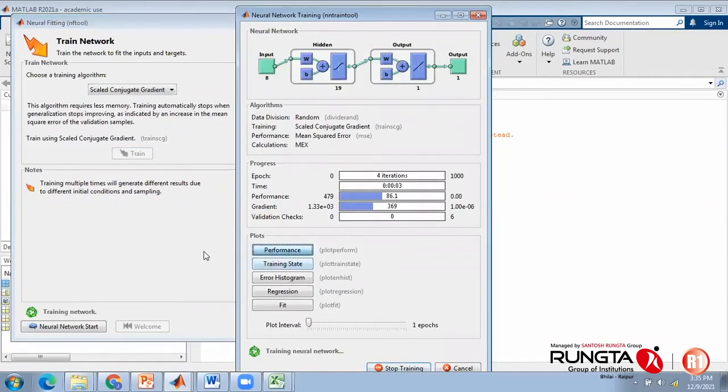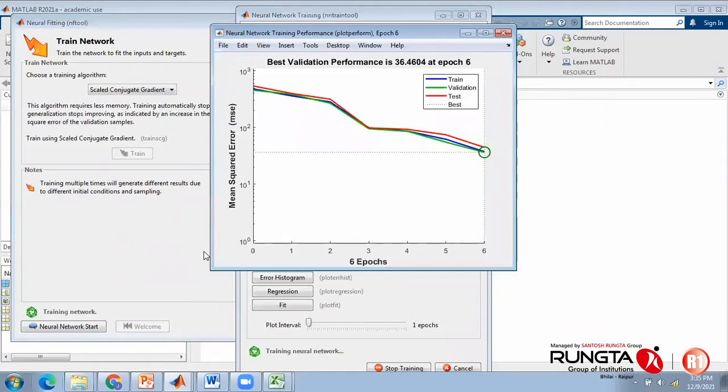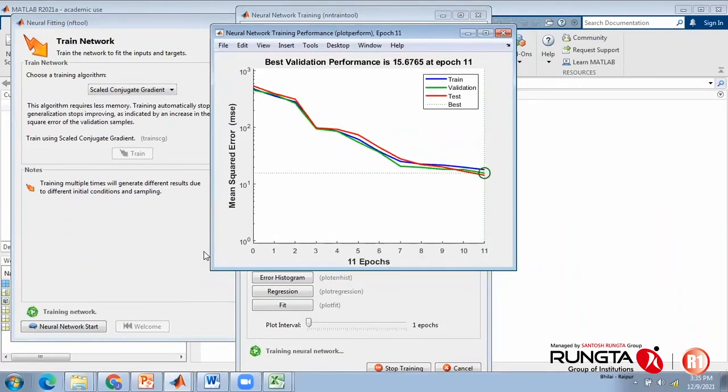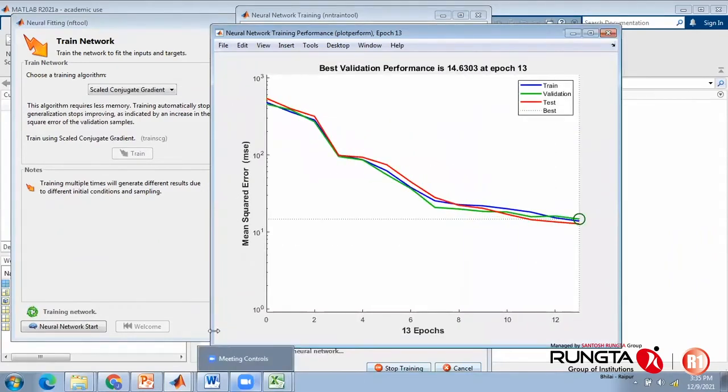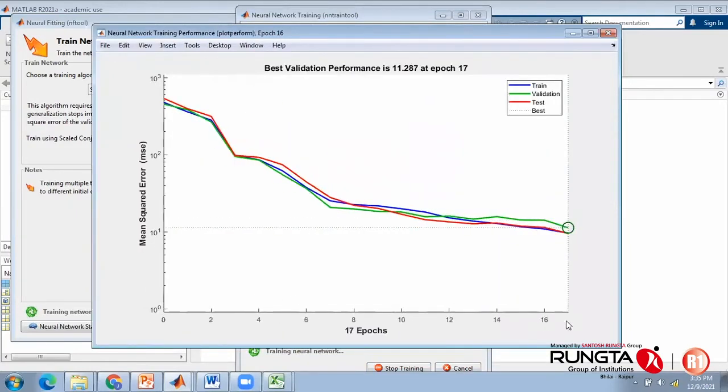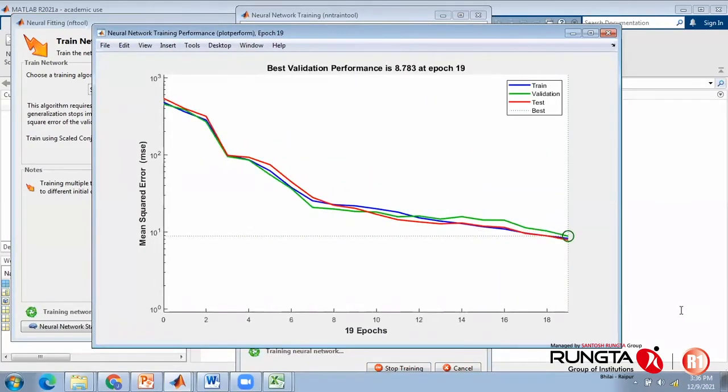Here you can simulate this also. See, it is improving iteration by iteration. Is it visible on the screen? The movement is visible. Yes, sir. It's visible. See, iteration by iteration, it is improving.